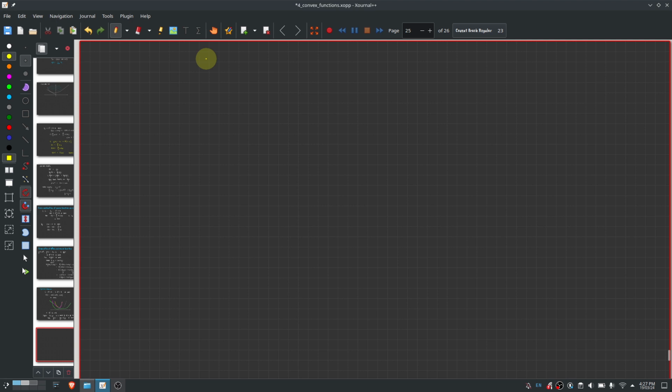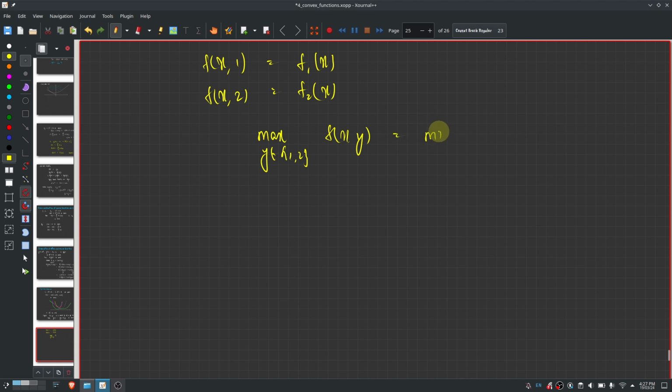So if I take f of x comma 1 to be equal to f1 of x and f of x comma 2 to be equal to f2 of x, then the maximum over y in {1, 2} of f of x comma y is nothing but the maximum of f1 of x and f2 of x.